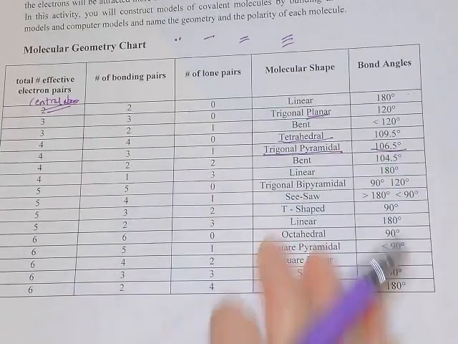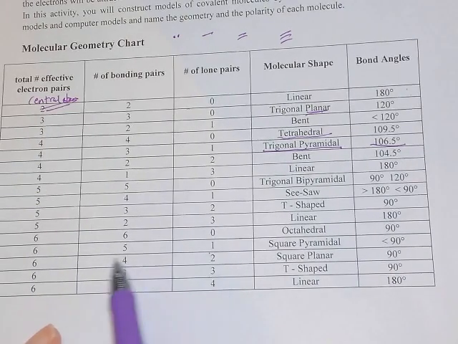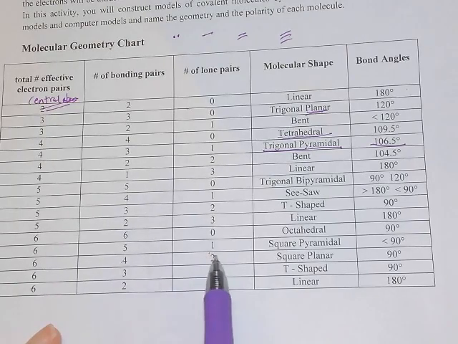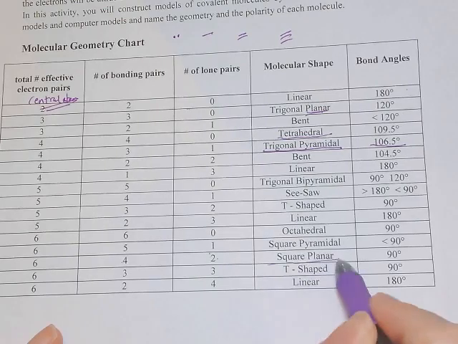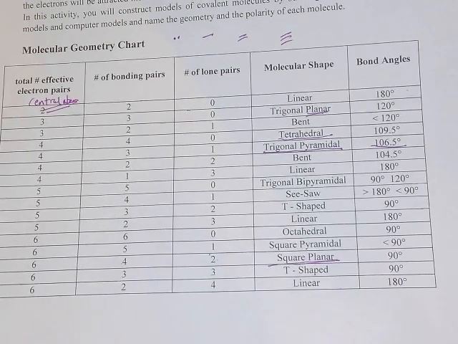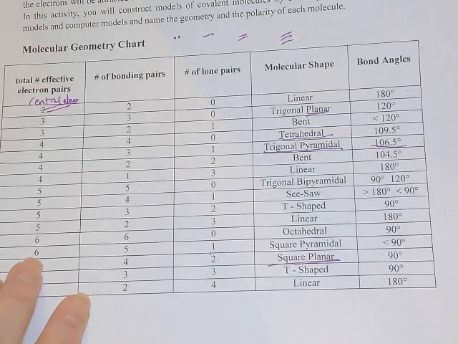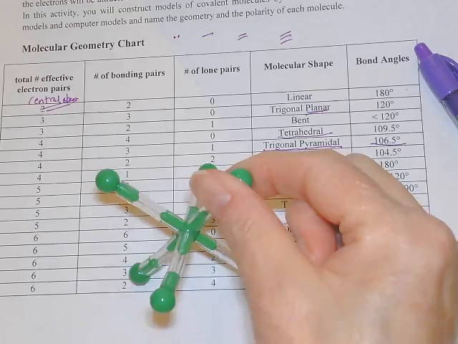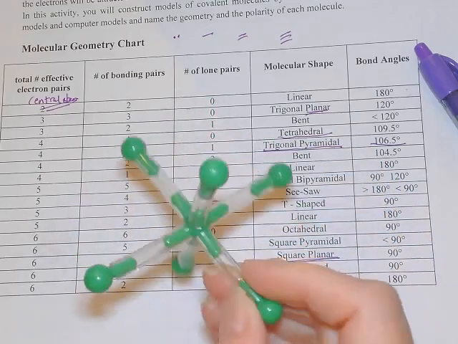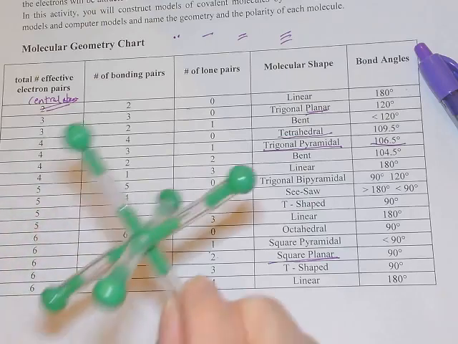So let's keep looking. We have 6, but we have 2 lone pairs. So we have 4 bonding sites with 2 lone pairs, and it tells us that it's going to be a square planar molecule. So let's see how it becomes a square planar molecule with 90-degree bond angles. So here it is. If we were going to take bonds off of this, we would take 2 of them that are as far away as possible.